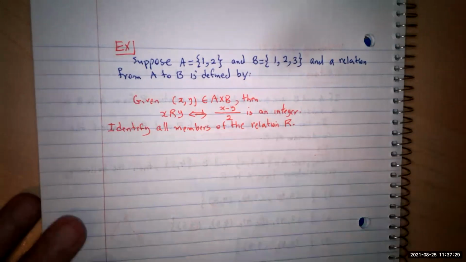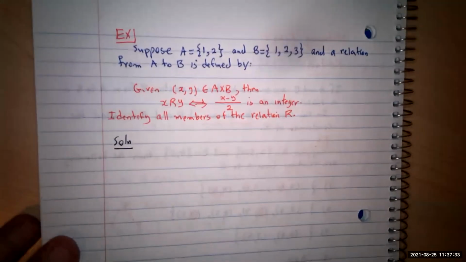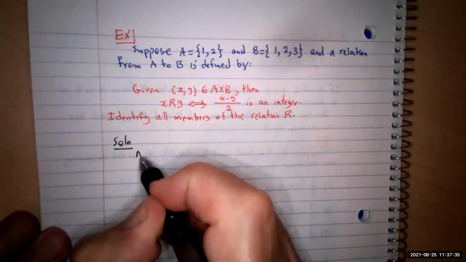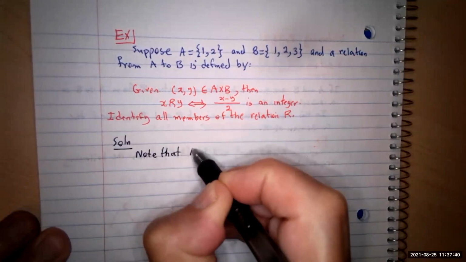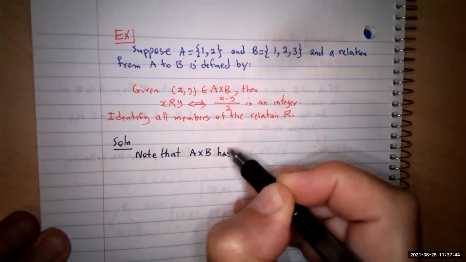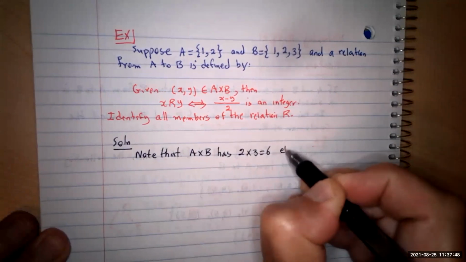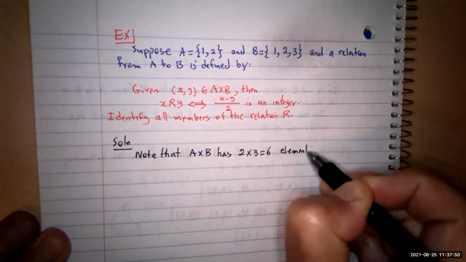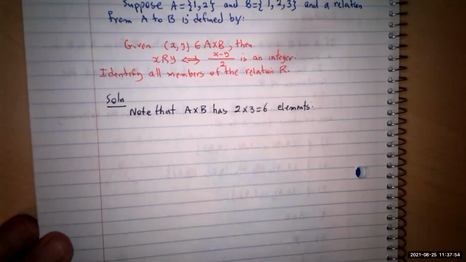Okay, so this is going to be the solution. Just to remind you, note that A cross B has 2 times 3 equals 6 elements. Identify all the 6 elements.